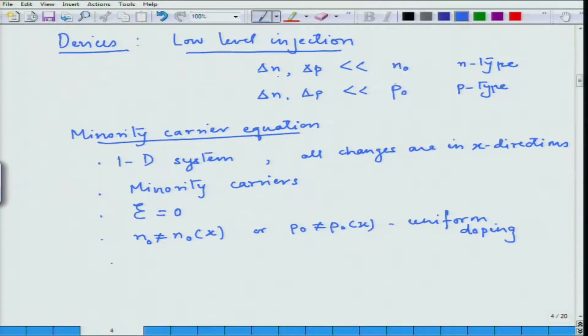A further assumption we make is low level injection, which I have already mentioned. So, for low level injection I am going to solve this equation, or simplify the continuity equation, and we will apply these conditions to see what will happen to it.